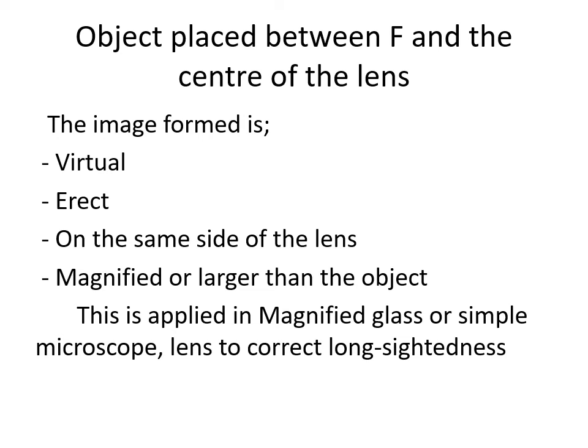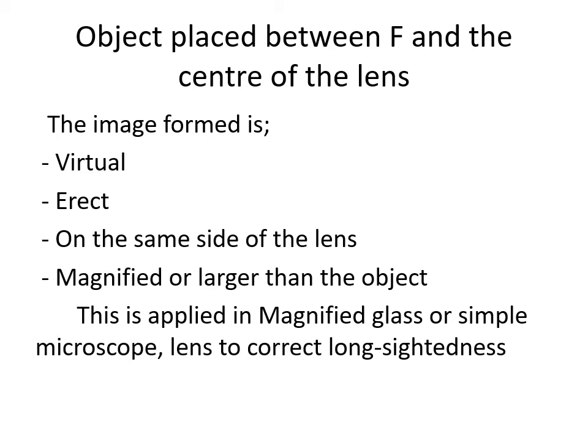Okay, we look at an object placed between F and the centre of the lens. How is the image going to look? Here the image formed is virtual. Remember, virtual means that the image cannot be formed on a screen. The image is erect. Erect means that as you are standing, that's how the image is. The image is on the same side of the lens.